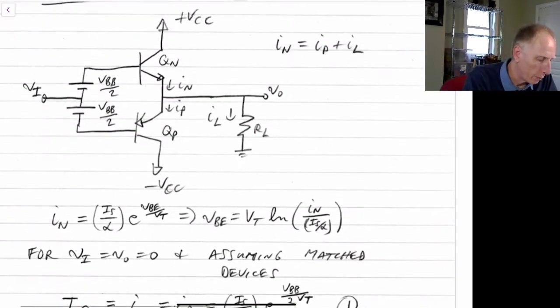So that equals the voltage from here to here, which will be VBB, since there's VBB over 2 here and VBB over 2 here. And so we've just added up these two voltages. This is the VBE of the NPN, and this will be the VEB of the PNP transistor.